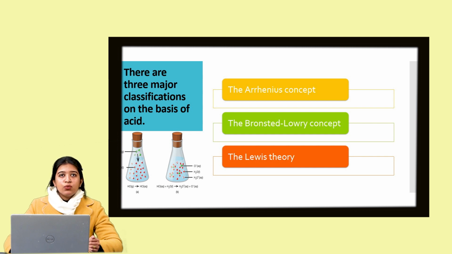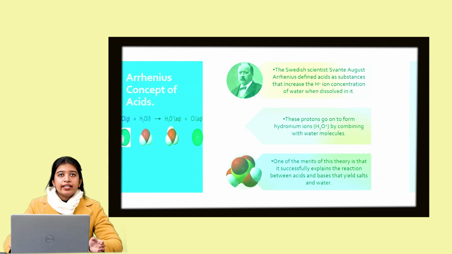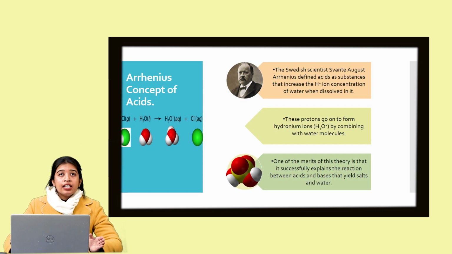In the image we can see the Swedish scientist Svante August Arrhenius, who defined an acid as a substance which increases the H+ ion concentration when dissolved in water.